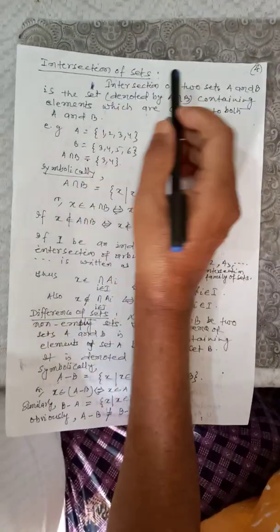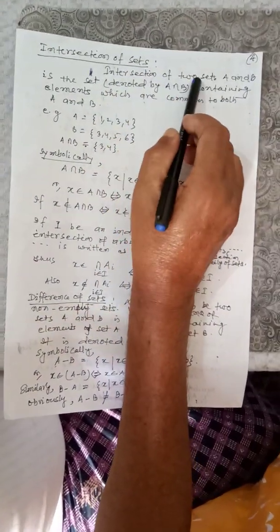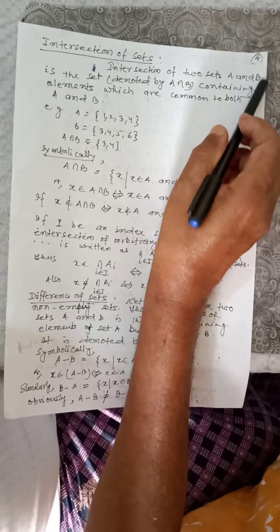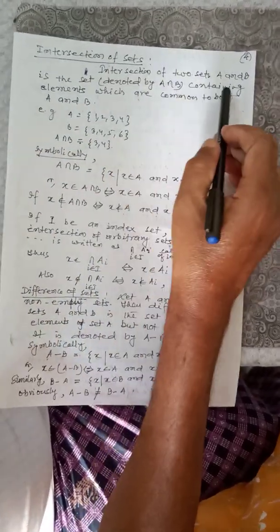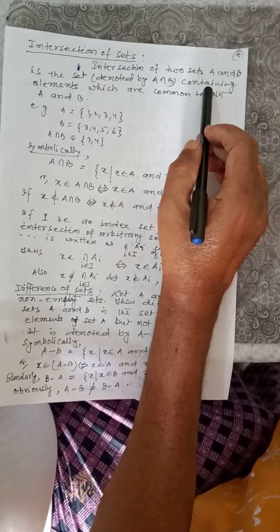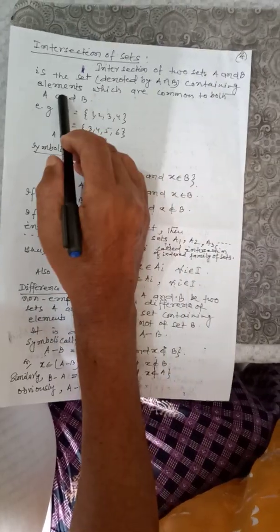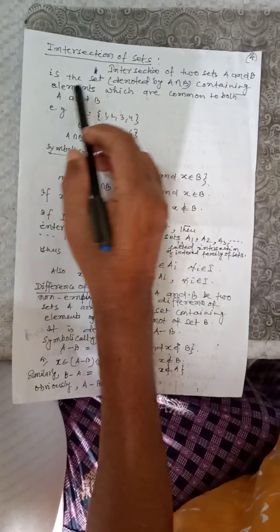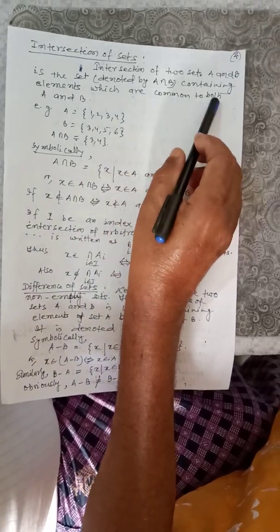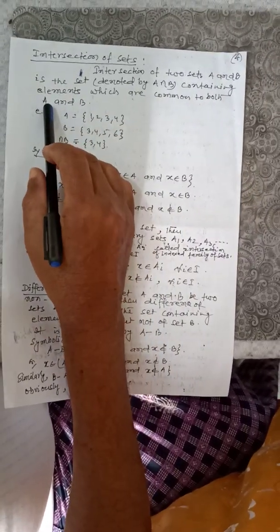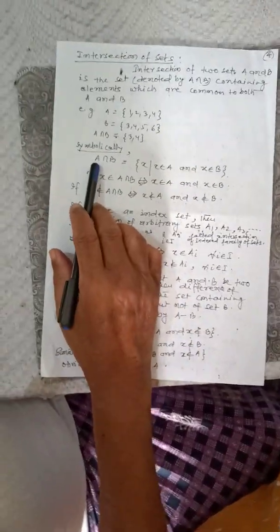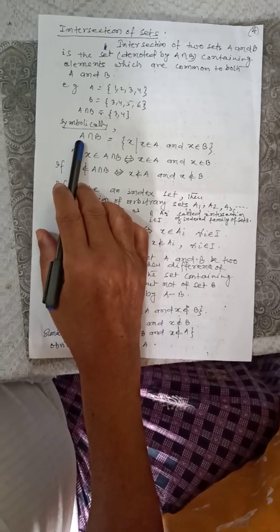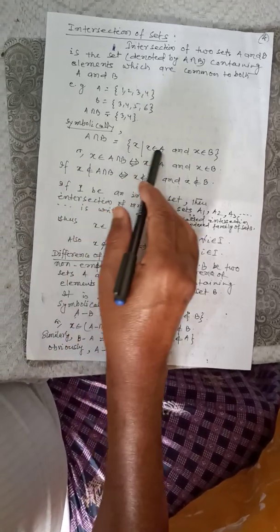Intersection of sets. The intersection of two sets A and B is the set denoted by this symbol, containing the elements which are common to both set A and set B. Symbolically, the intersection of set A and set B is written as this.